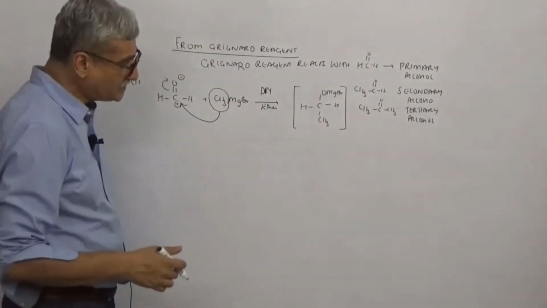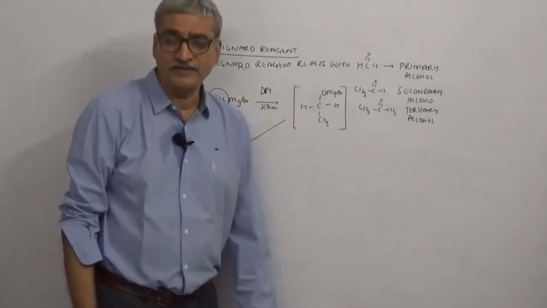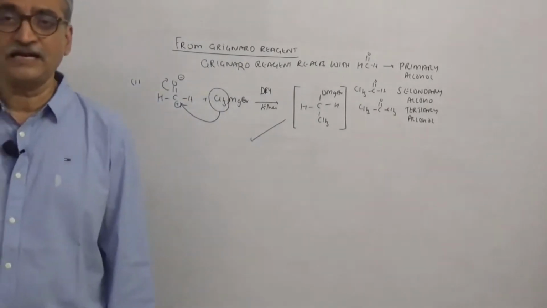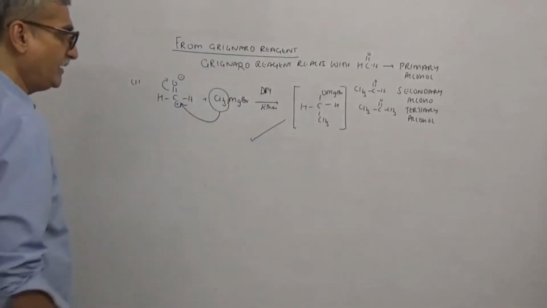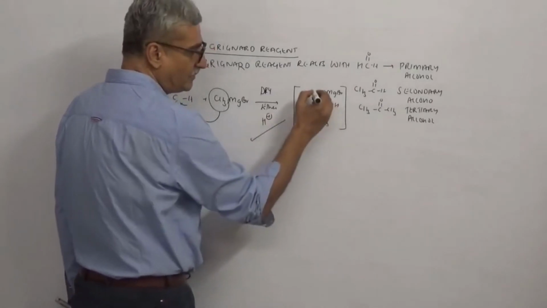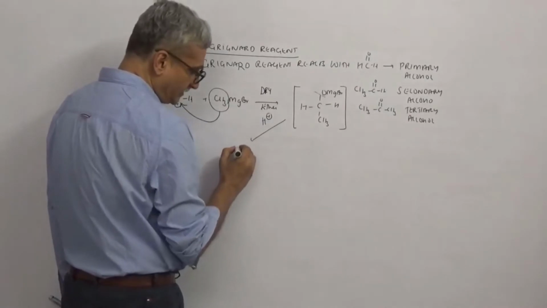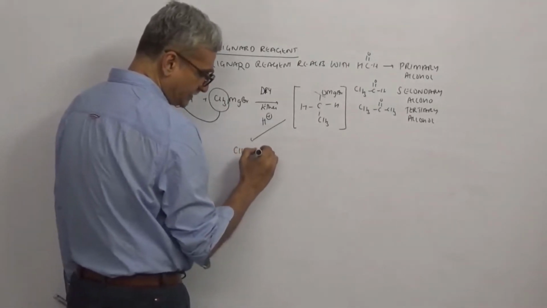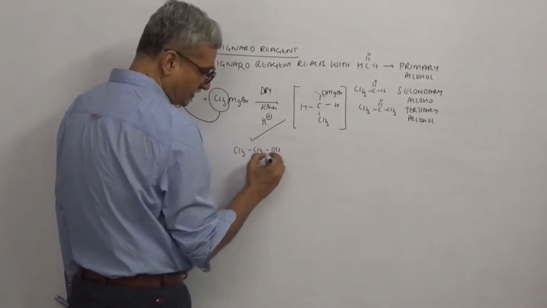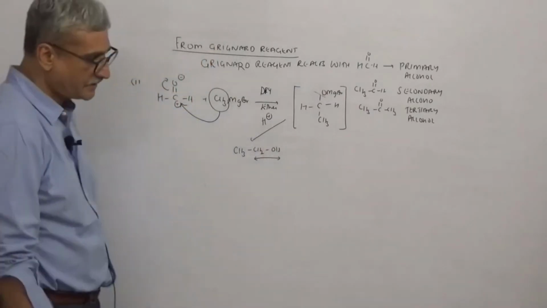Now this complex on hydrolysis, remember this complex is always stable in neutral and alkaline medium. It's only when you introduce a dilute mineral acid, H plus, that the bond breaks. So you get CH3CH2OH. The characteristic group of a primary alcohol is CH2OH.